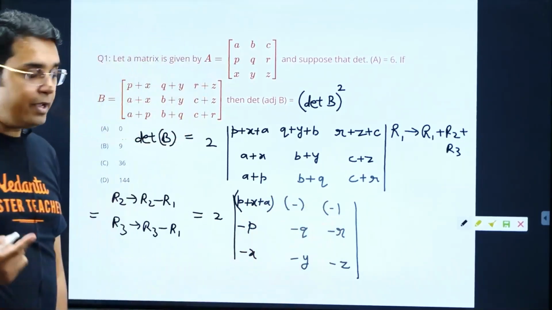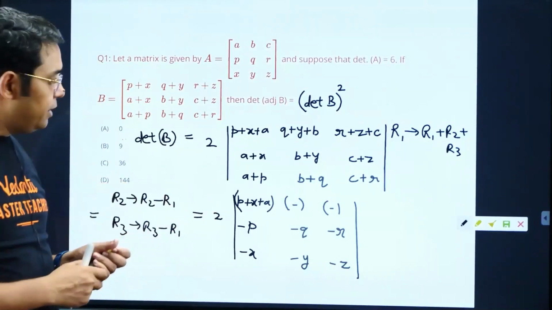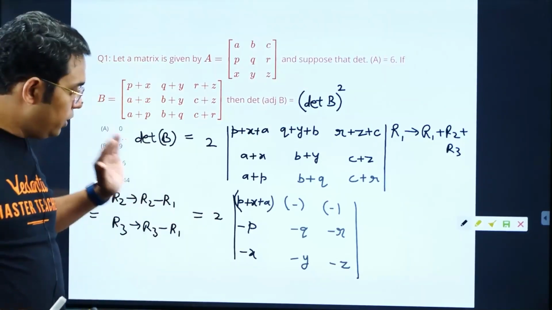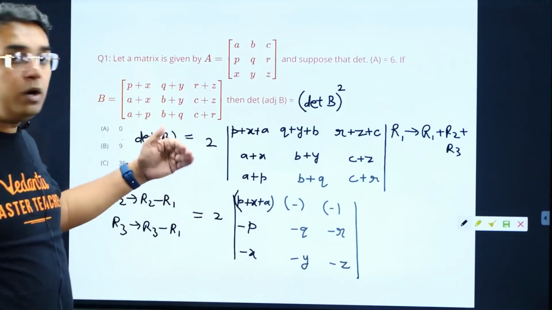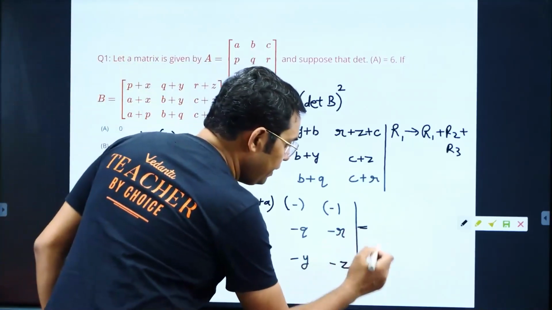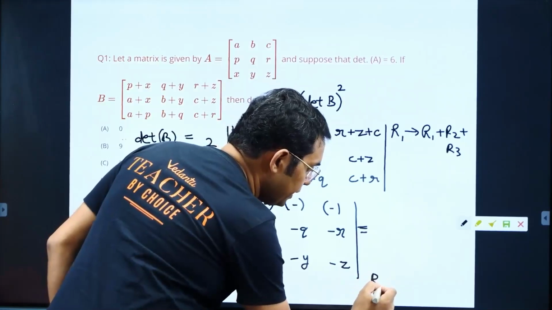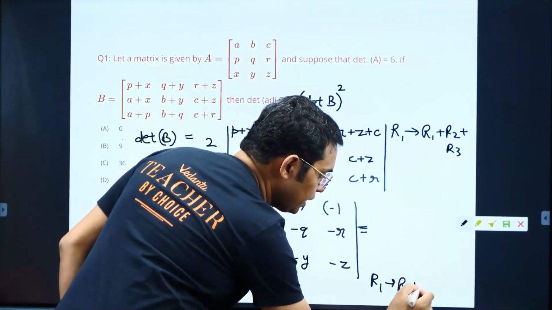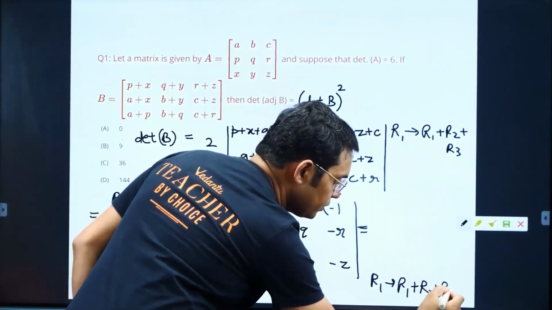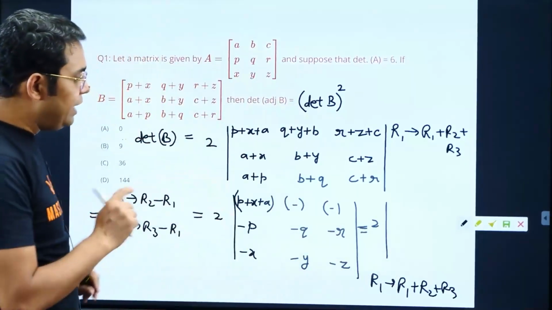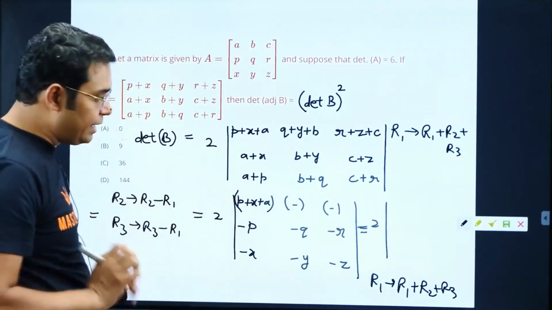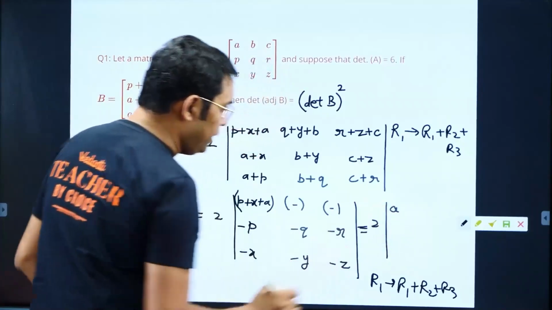Now what we can do next is we can add new row 2 and row 3 to R1. Means I will be writing R1 as R1 plus R2 plus R3, and by doing this we will be getting first row elements as, P and X will get cancelled, so we will be having only A here.